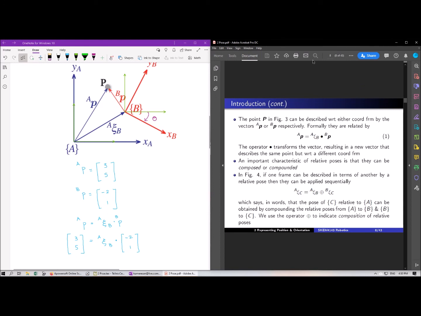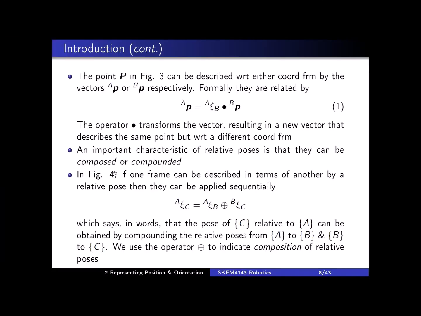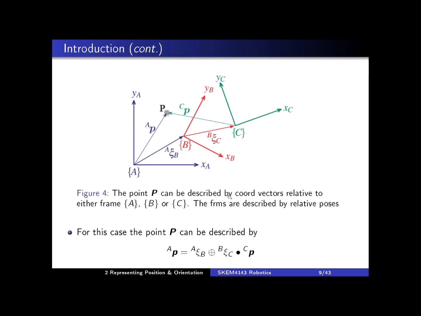An important characteristic of relative poses is that they can be composed or compounded. In figure 4, if one frame can be described in terms of another by a relative pose, then they can be applied sequentially. This is figure 4, a point P which can be described by coordinate vectors relative to either frame A, B, or C. The frames are described by relative poses.